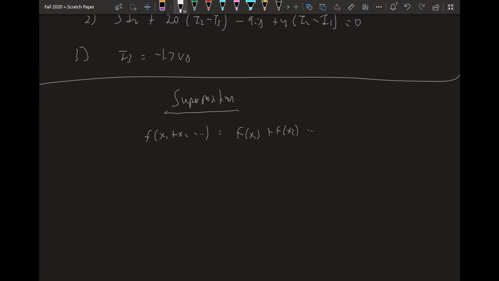If you consider a circuit as a system, where the inputs are sources, the outputs are currents and voltages, and the system itself is resistors, then we can separate them and solve them one source at a time.